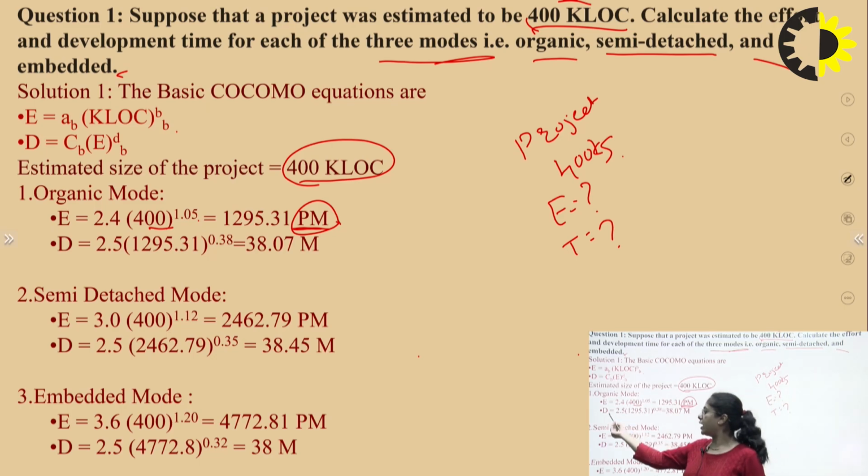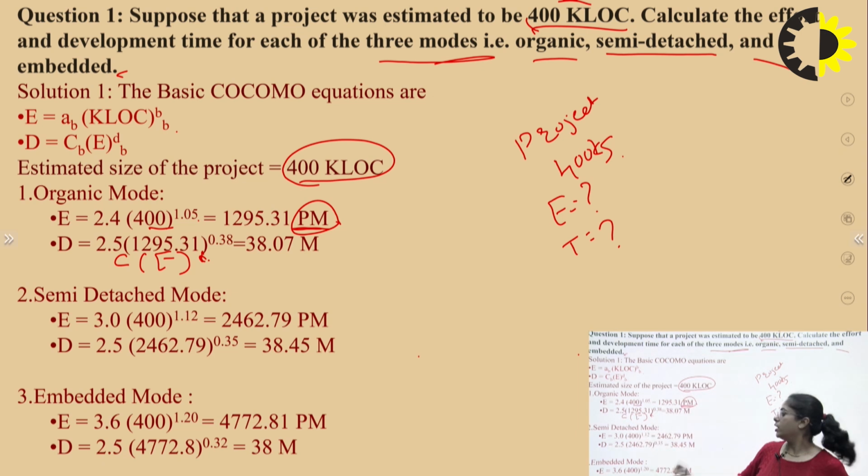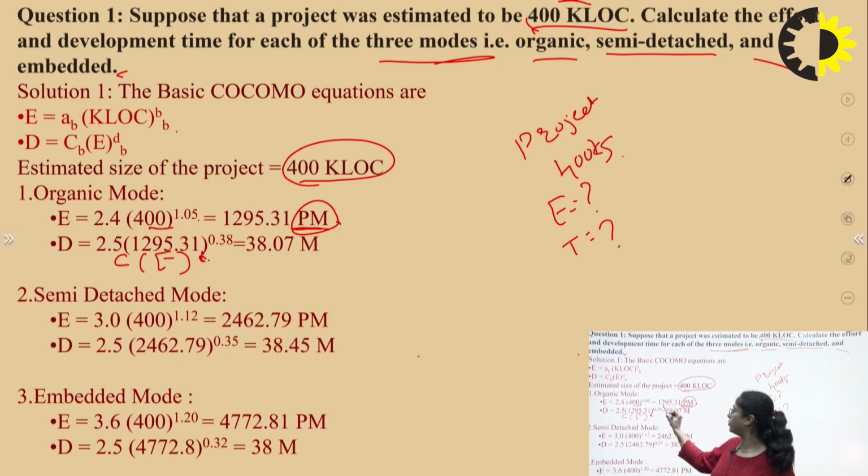Second, we calculate the time development. The time development required for the organic mode, the formula is C into E to the power D. Here C is 2.5, E is the effort we calculated, 1295.31, to the power D. D's value is 0.38.